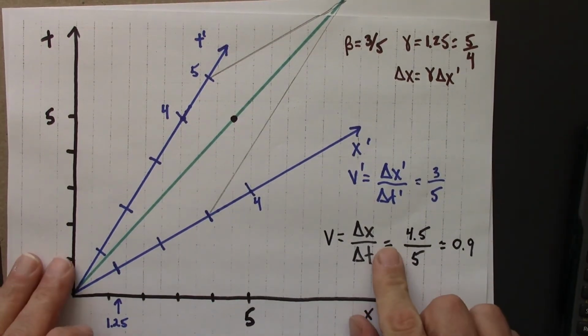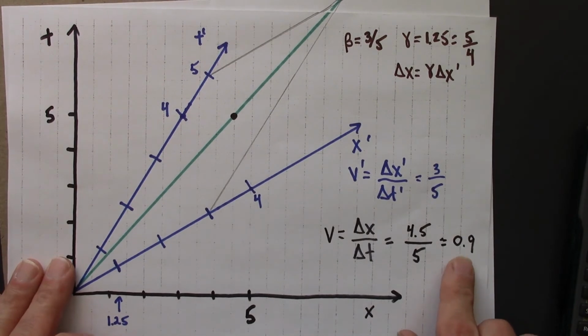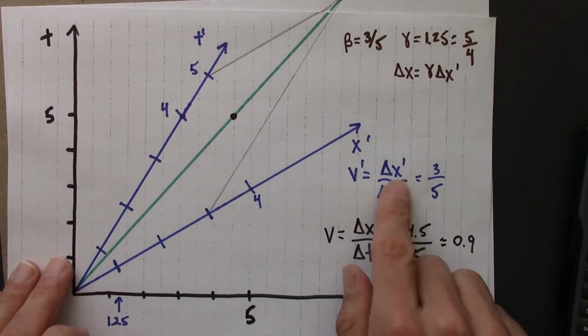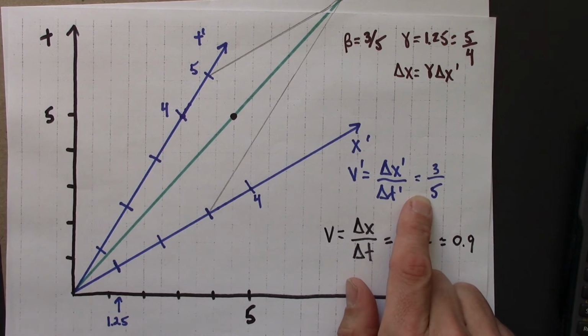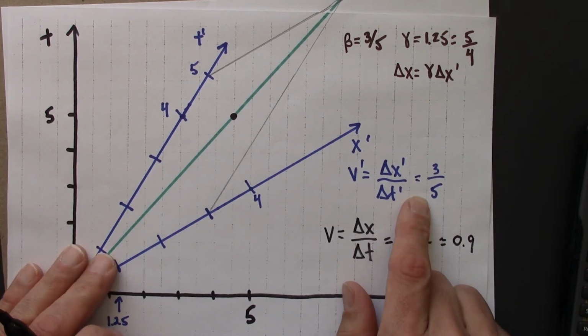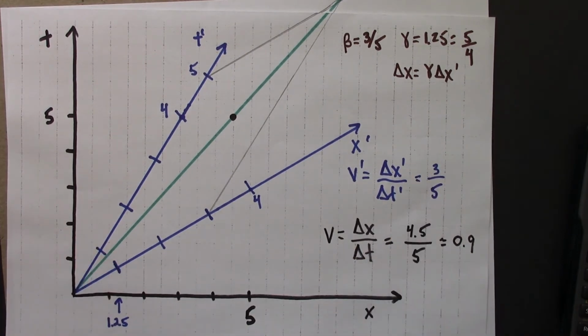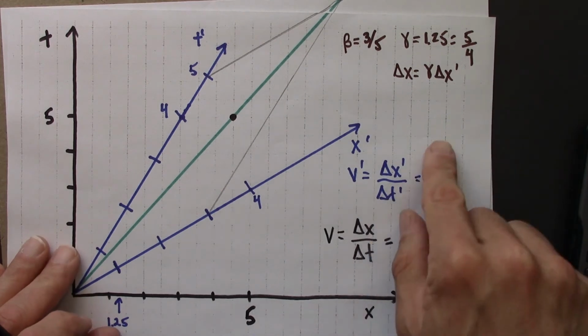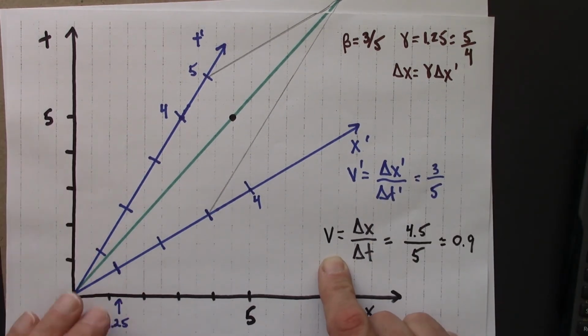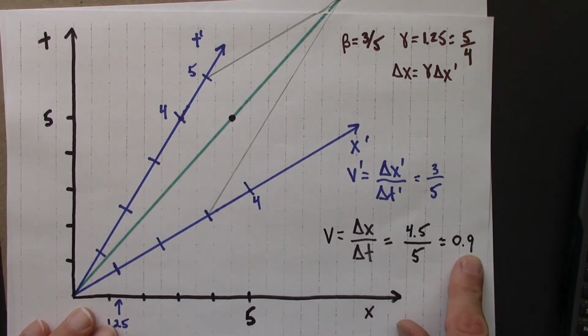So again, Galileo would say the speed is going to be 6/5, 1.25. Oh, sorry, 1.2. But that's not what is actually happening according to relativity. Just reading off the graph, we see that we have a velocity like this.